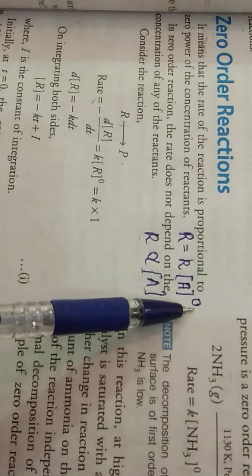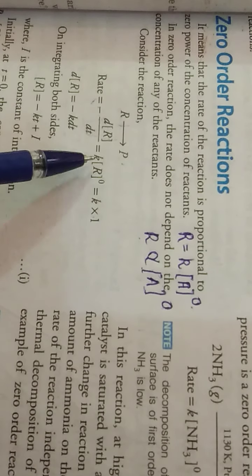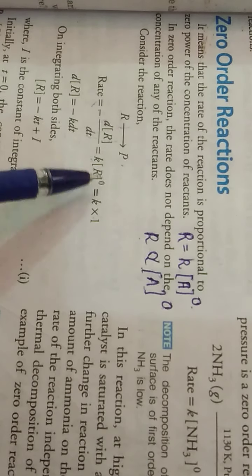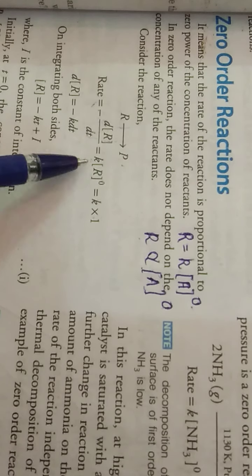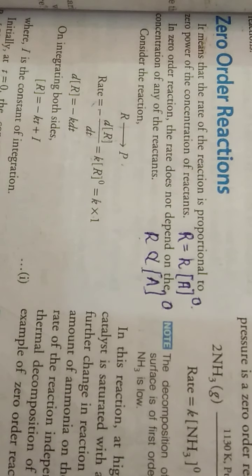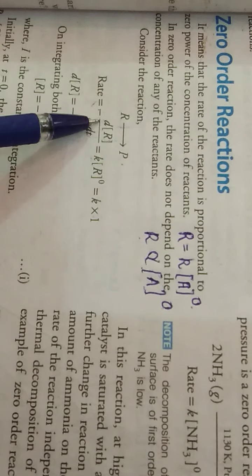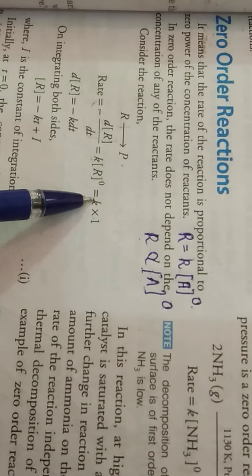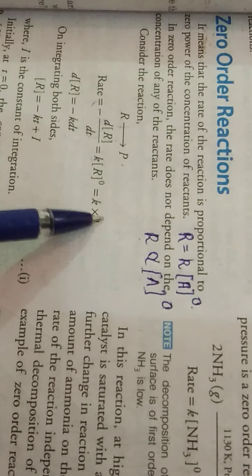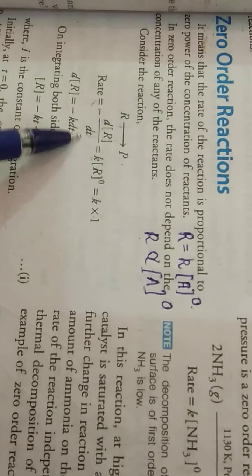Anything raised to power 0 becomes 1, so it would be k into 1, which is equal to k. So minus d[R] upon dt is equal to k. dt will go to the other side, and it will be k dt.